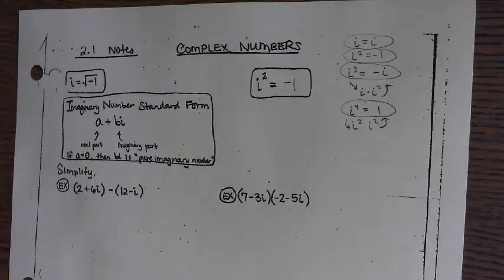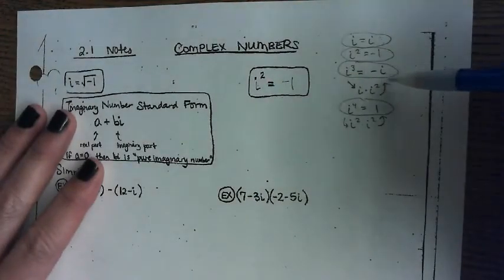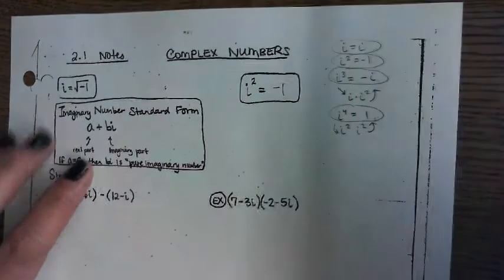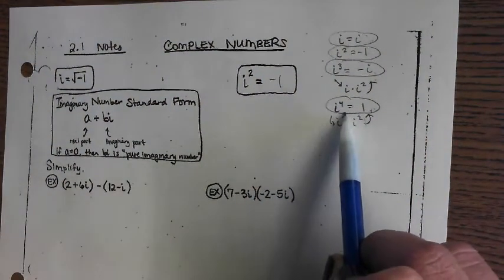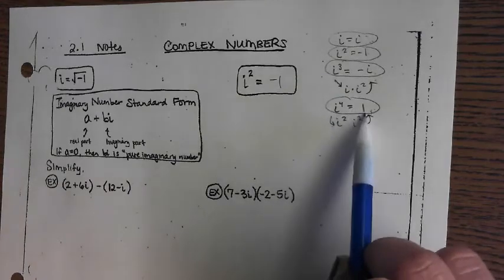What's i to the 5th? Just i, exactly. This cycle is going to repeat. i to the 5th, 6th, 7th, 8th, 9th, 10th, 11th, 12th, 13th, 14th, 15th, 16th. What's important is that i to any multiple of 4 is just 1.